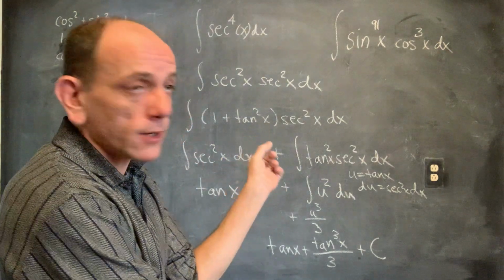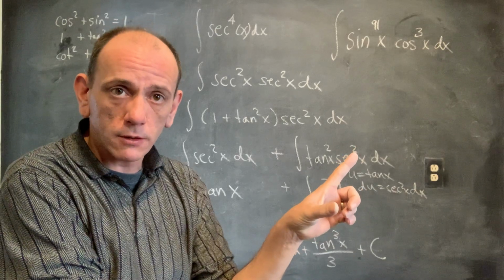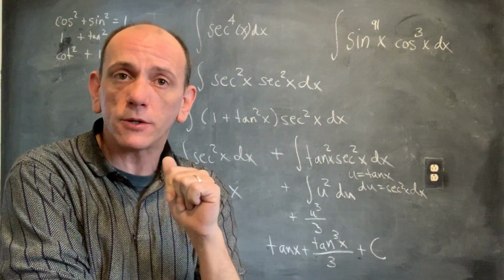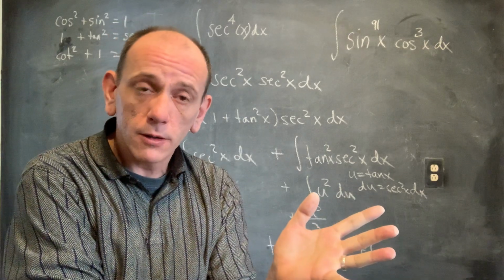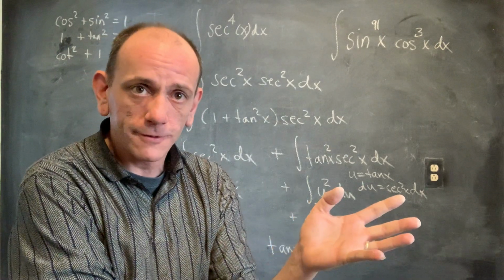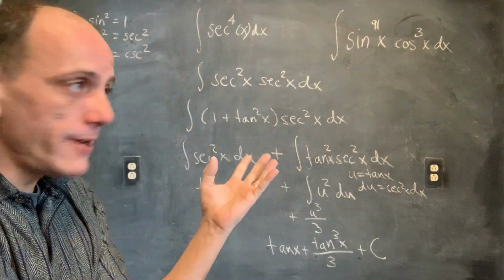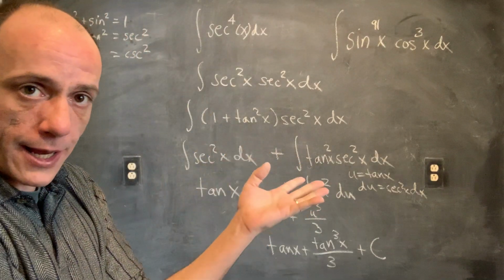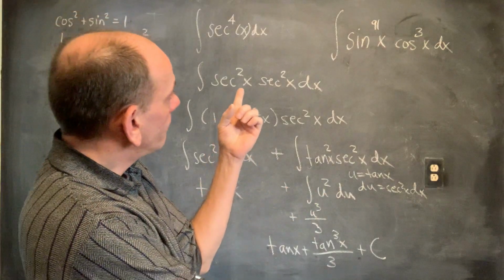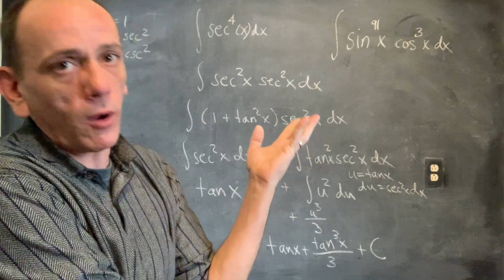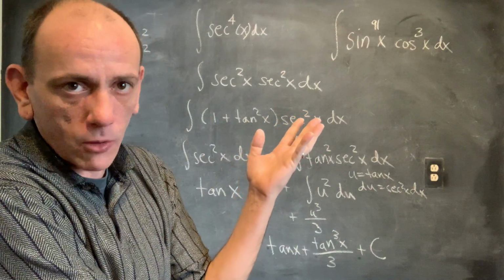The sine squareds I can then convert to cosines, but then I've got the 45th power that I have to distribute. Now, it'll work, but I don't want to do that algebra, right? Okay. On the other hand, if you u sub for sine, then it's just going to be u to the 91st power, and we don't care what power that is, right? Because it'll just be a power rule.